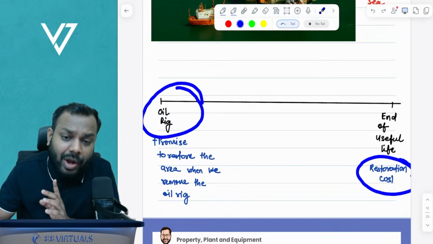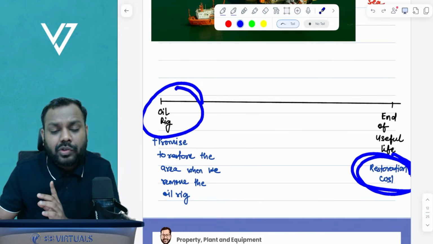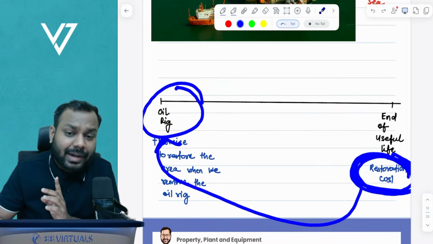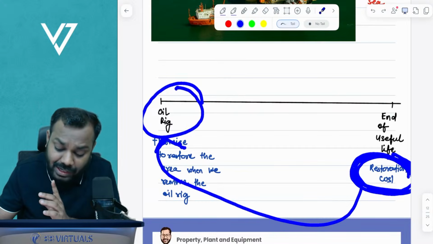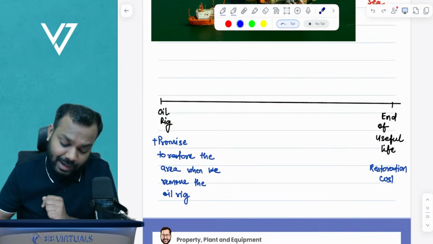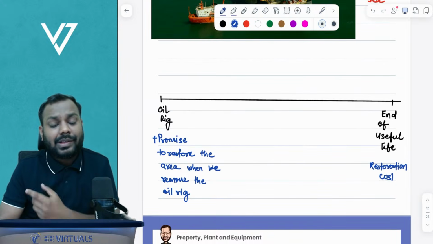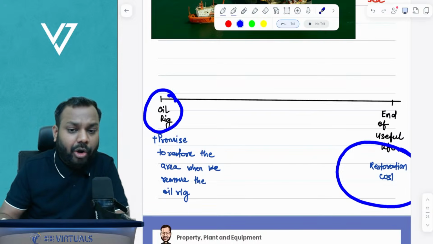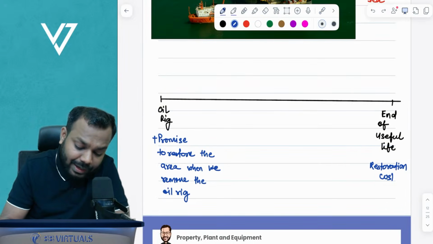So these costs enable the main asset to be operated. Hence, the standard says that since these costs enable this asset to be operated, we have to capitalize.